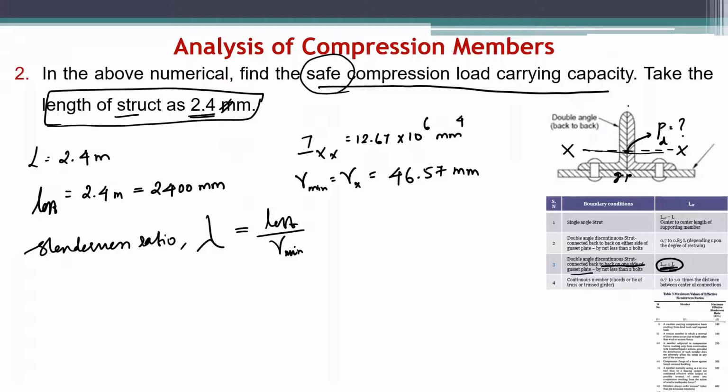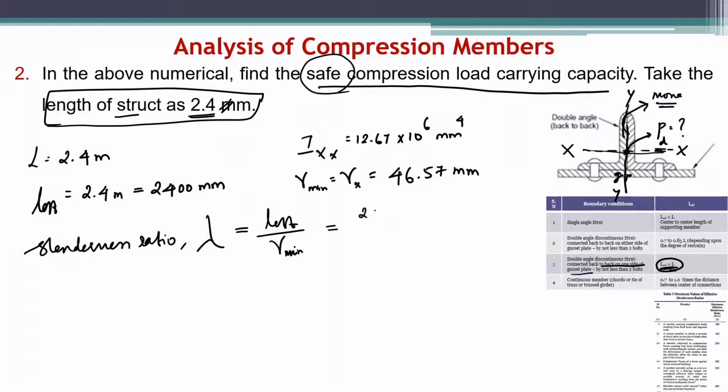If you take the other axis, moment of inertia is more on the other axis, and also the load carrying capacity is more in this axis. But whichever is weaker, that is where the failure is going to happen, and the strength at that axis is the design strength or safe strength of that given compression member. So we are always concerned about the minimum. So L effective by R minimum is the slenderness ratio.